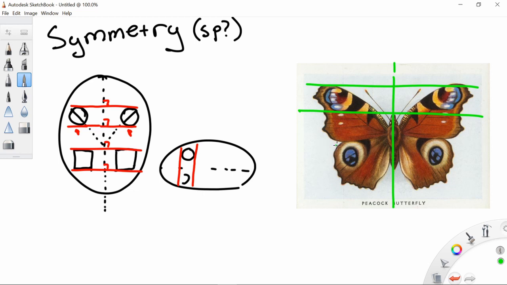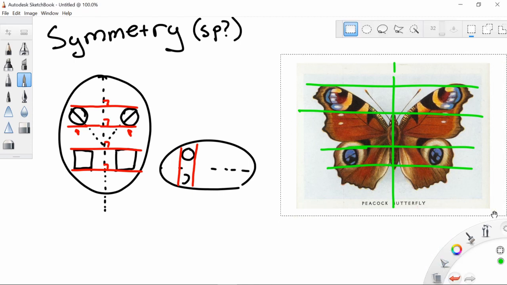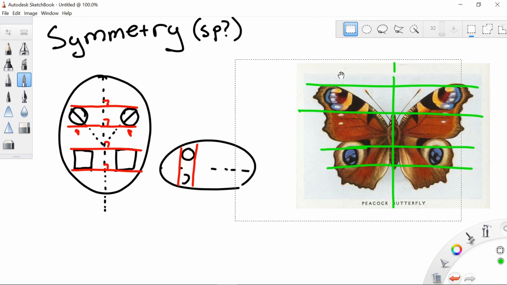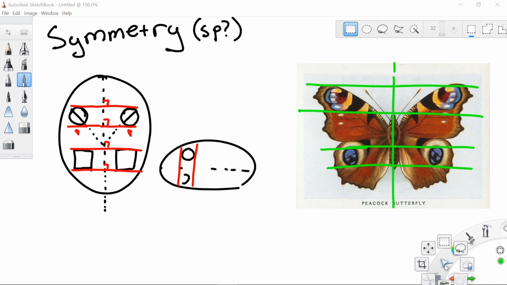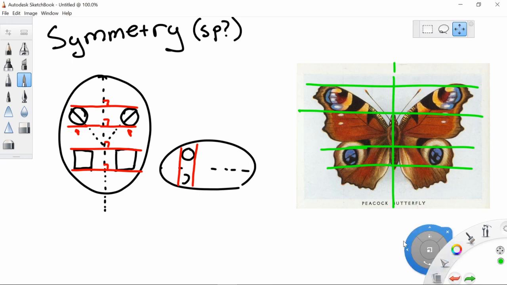The important thing to remember is if the image rotates, the lines of symmetry change with it. They don't just stay static. I wonder if I can rotate it. I can't. But if this image were to rotate, the lines of symmetry would move with it.